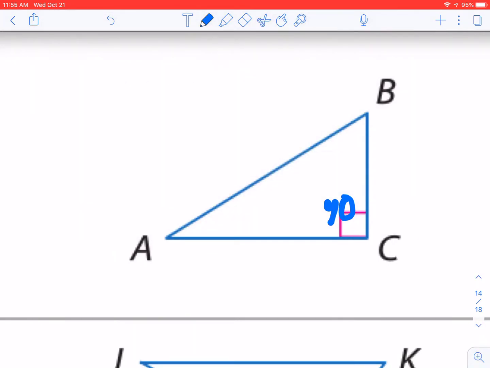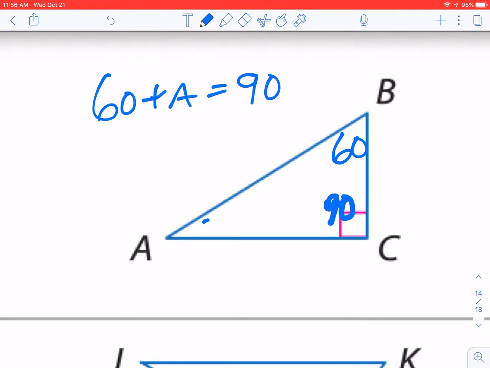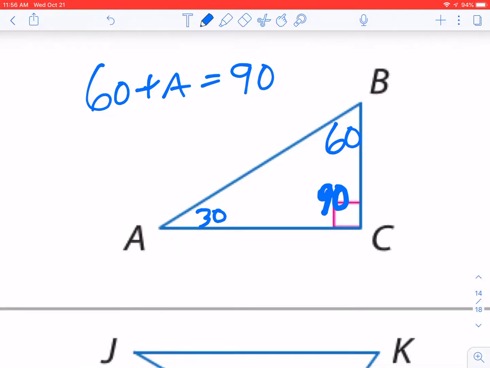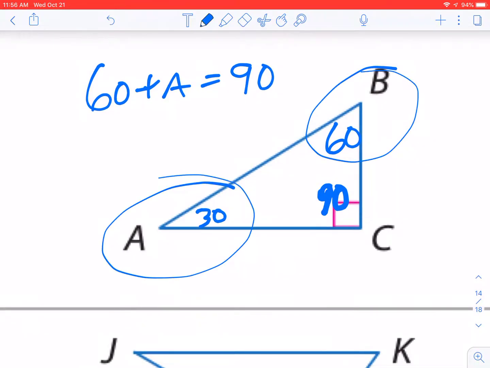If that's 90, and I say this is 60, we know that this 60 plus A must equal 90. The opposite two angles must equal 90. And then that angle would be 30. So these two angles in a right triangle will always add up to 90.